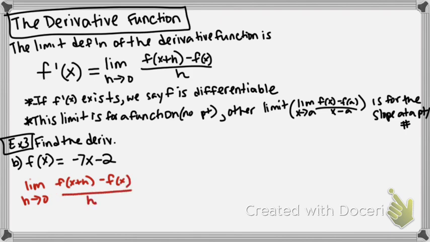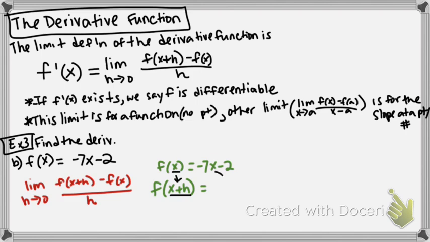So let's see what we can replace here. I can replace f of x. They already told me it, and it sounds silly, but I'm going to write it again. They already told me that f of x was negative 7x minus 2. So how would you find f of x plus h? Notice all we did up here is we replaced x with x plus h.